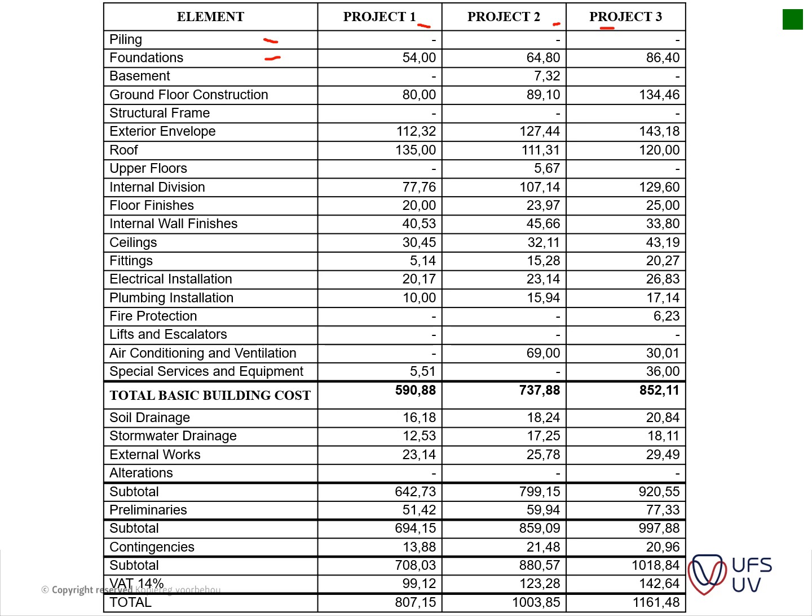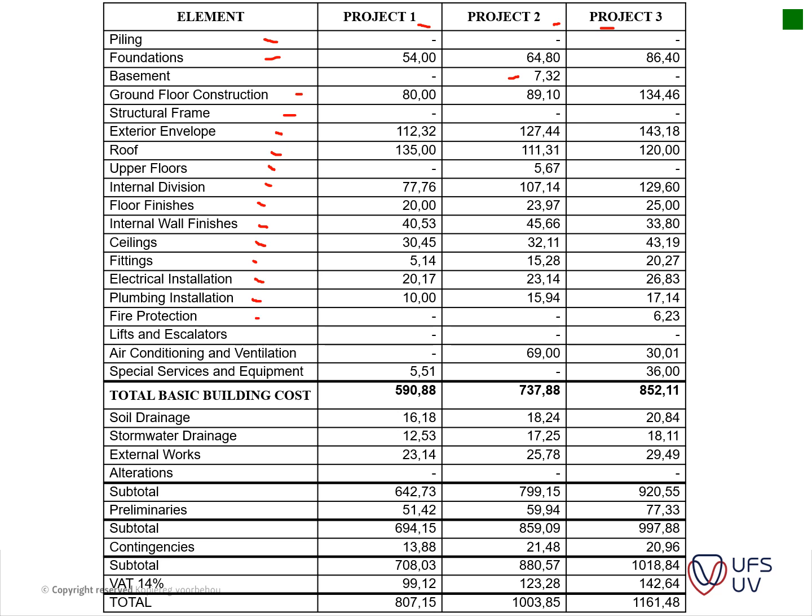One had a basement. You can see you had a ground floor structural frame. There was no structural frame. You had an exterior envelope, roof, upper floors, internal divisions, floor finishes, internal walls, ceilings, fittings, electrical work, plumbing.